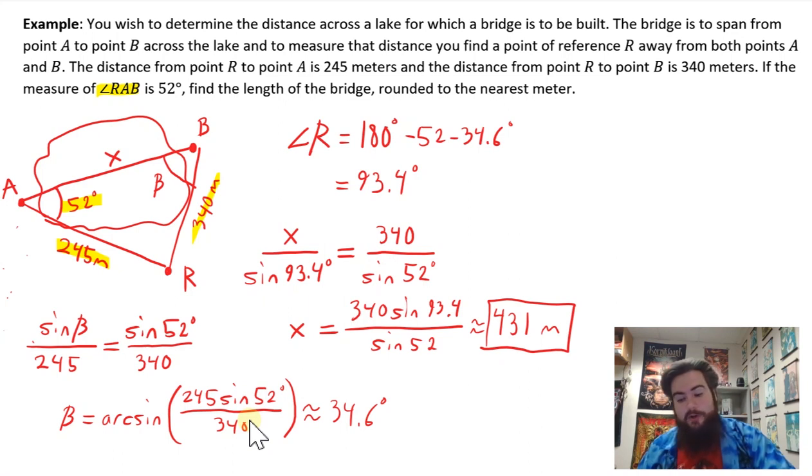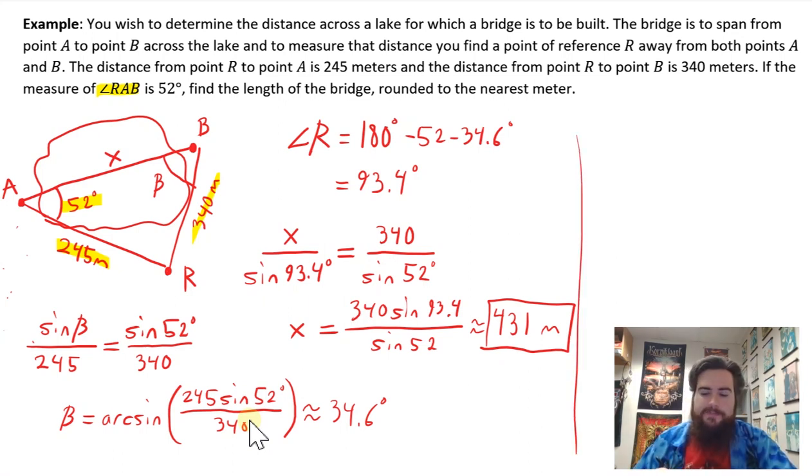Now, I said earlier that there is a possibility of this having another solution. That is because we're dealing with a side-side-angle triangle, and we are working with a possibly ambiguous case. Well, if there is a second solution, the second solution would have a different angle measure for beta.